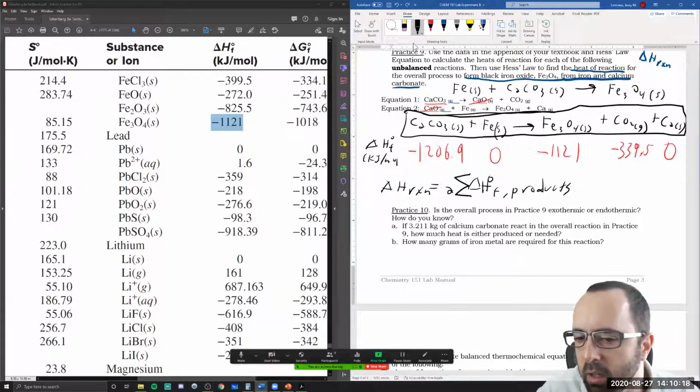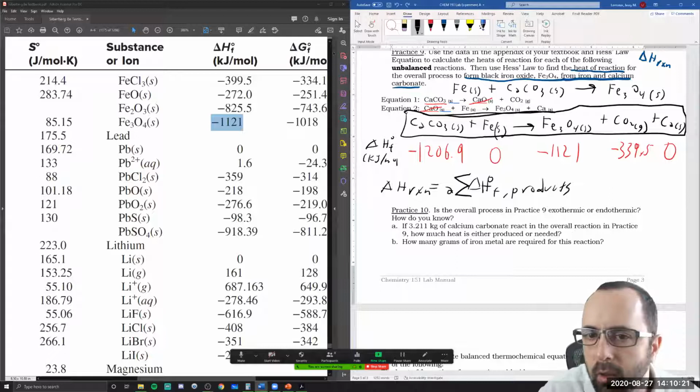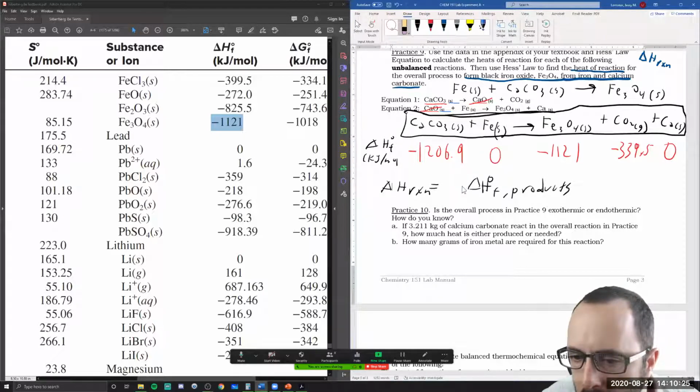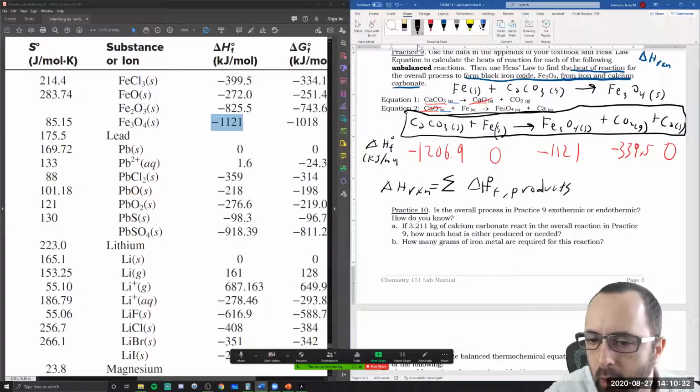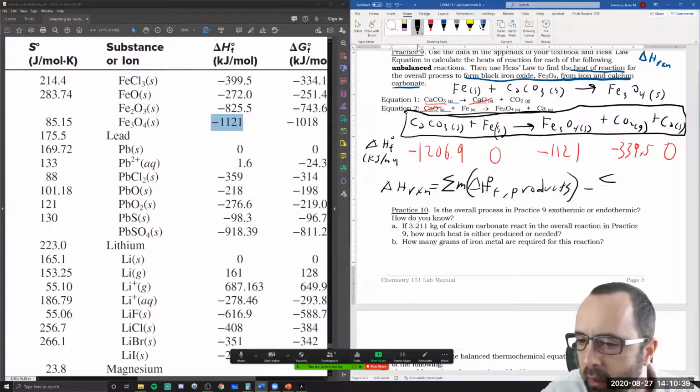Anyway, for each one, I kind of put that in the wrong spot. Let me see if I can move this sigma a little bit. Okay, so we do sigma M times the delta H of formation of the products, minus the sum of N, these are the coefficients in the balanced equations, times the delta H of formation of the reactants, which I'll just call react.